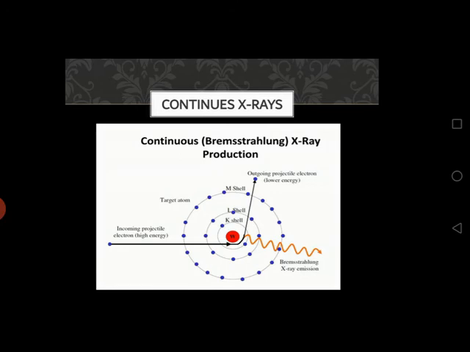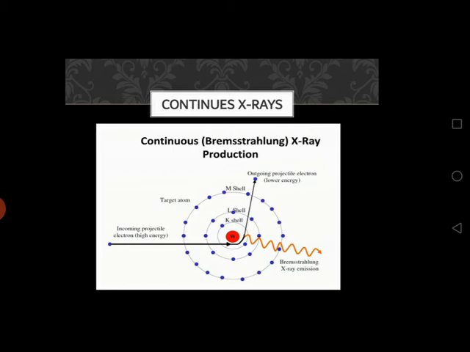Continuous X-rays are produced when an electron is coming from outside, that is the filament, and passes near the nucleus without striking any other electron, and it loses its energy and bends towards the other side, and as a result of this process, it radiates energy.